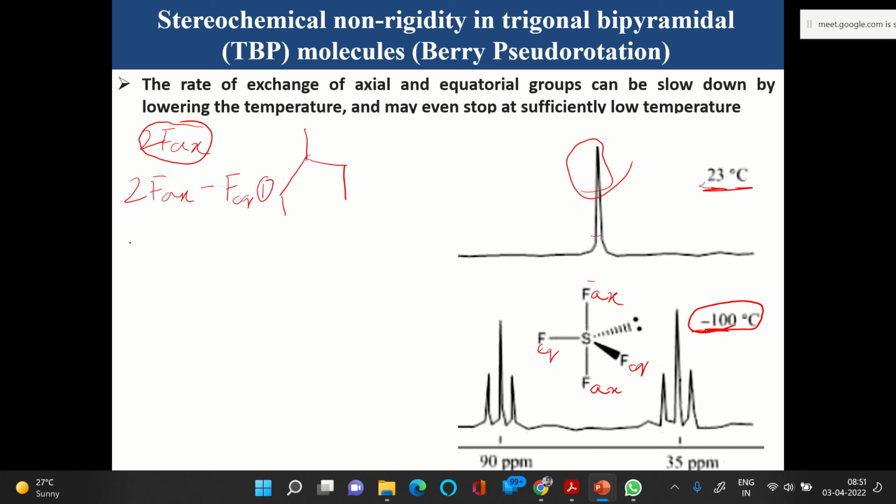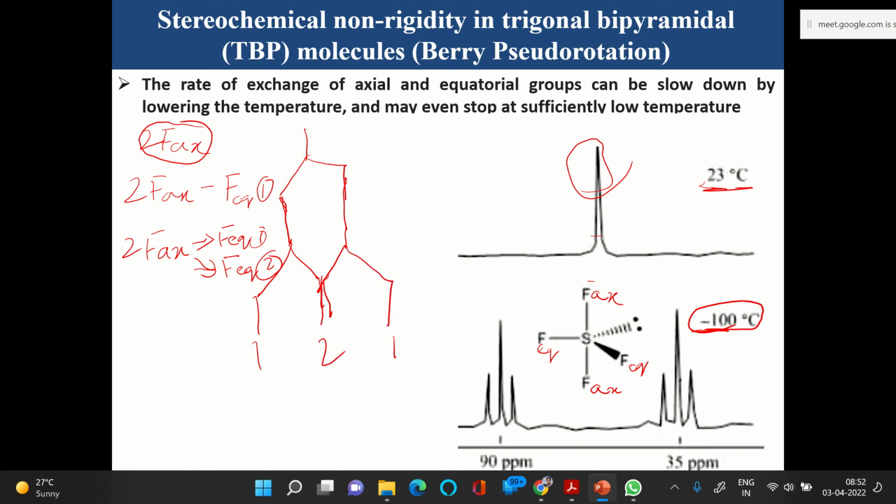Then it is also interacting with equatorial fluorine number 2, and so there will be further splitting of these lines, still appearing at the same position. So you will have a triplet, 1 2 1, right? This kind of thing will happen.